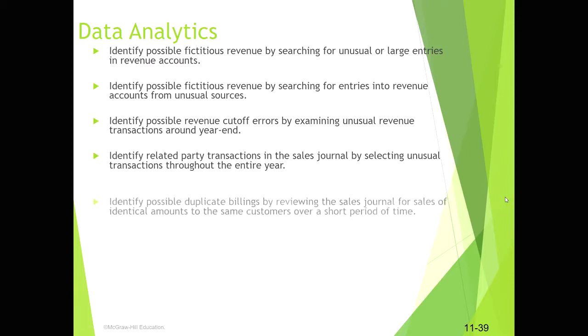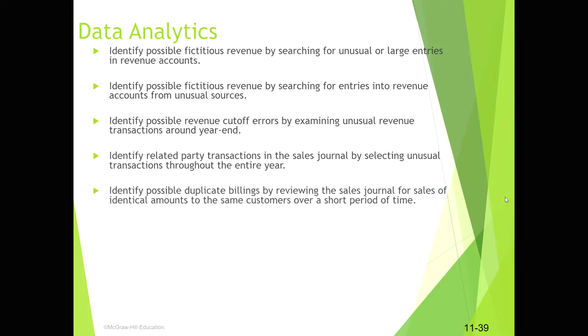You can look for related party transactions as well. Duplicate billings, look for same invoice, same date, or within a certain amount of time, same amounts, those kind of things.